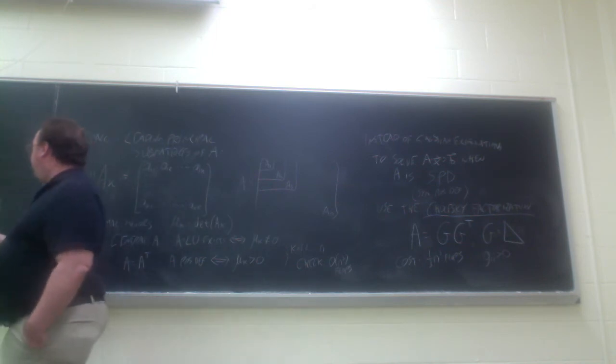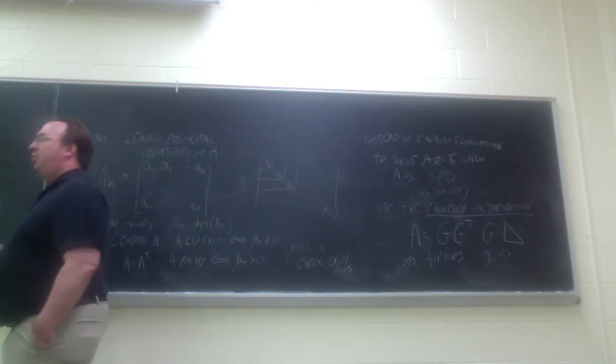But now there's something more I can do, because I have to take into account the fact that G is lower triangular. So here we have this entry, GKJ. J is going from 1 to n.